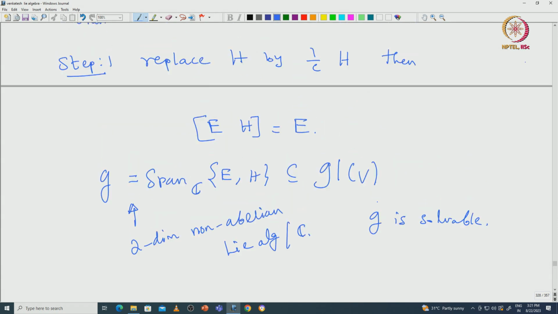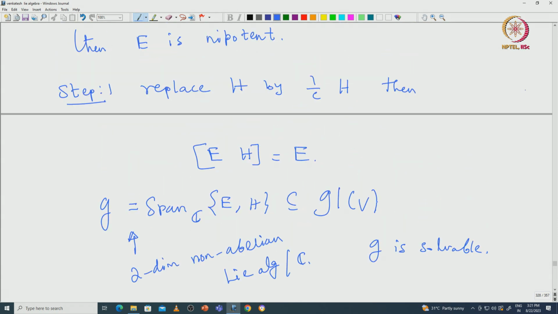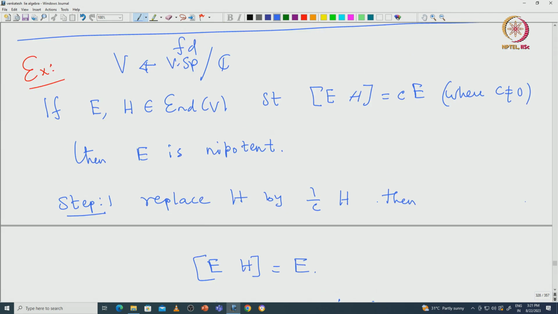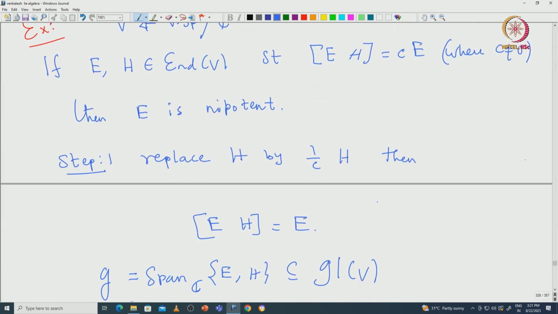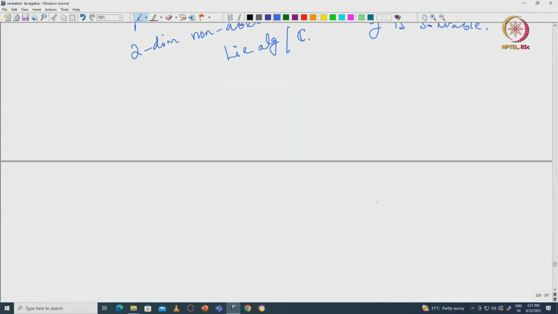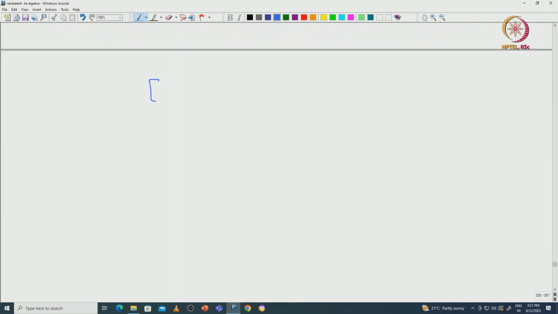This is one proof using representation theory, but I will also encourage you to find some other proof. For example, once you write the bracket of E and H equal to E, then it is not hard to see what E square H will be.